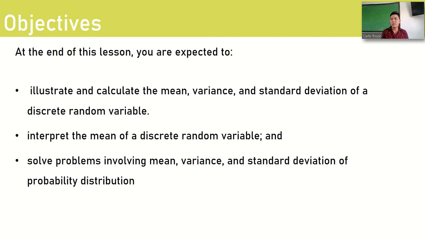So in this lesson, you will be learning how to illustrate and calculate the mean, variance, and standard deviation of a discrete random variable, interpret the mean of a discrete random variable, and solve problems involving mean, variance, and standard deviation of probability distribution.